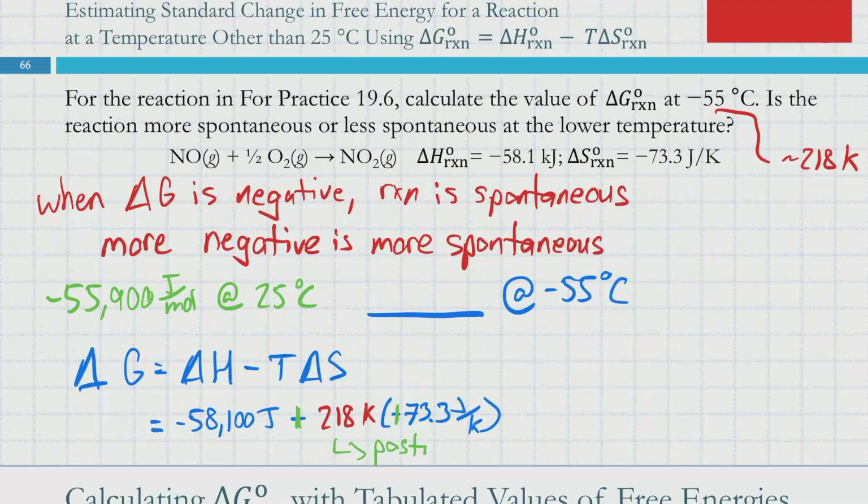In this case, the positive term is smaller. So delta G is more negative. So it would be more spontaneous. But we can also calculate the actual estimate.